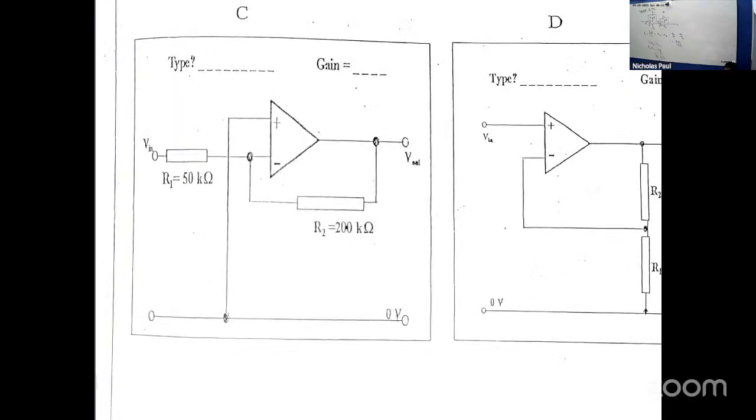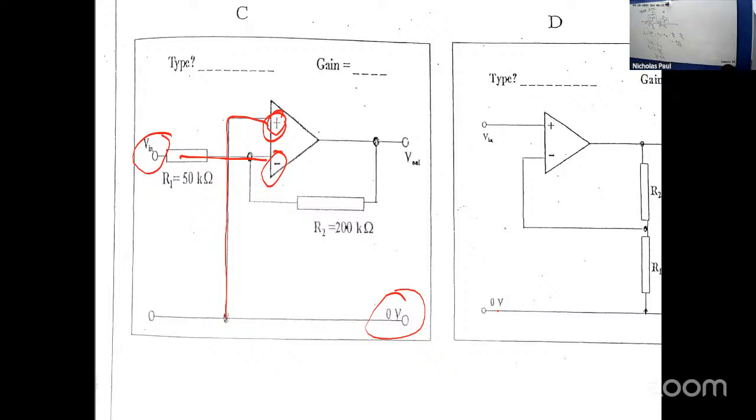Inverting. Look at C, inverting. Can I explain that? This one, watch it here. Because the positive, which is the non-inverting terminal, is connected to earth, and the input is run through the inverting terminal.